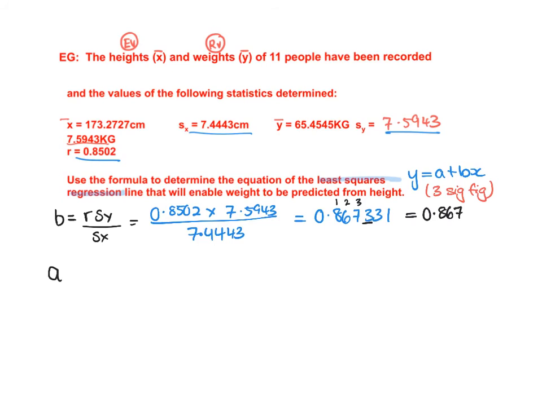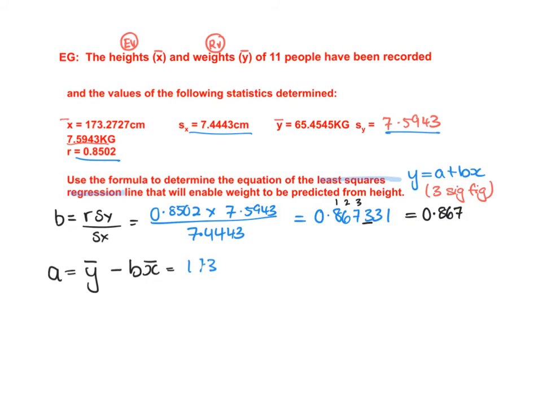Okay, so now we're going to do the A value. The A value formula was where you take the mean of Y minus B times the mean of X. So we have all those numbers there now. So let's do that. What was the mean of Y? Was 173? No, it wasn't. What was the mean of Y?